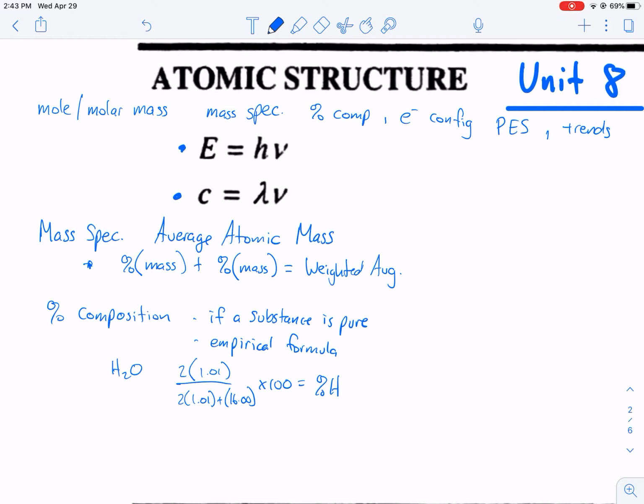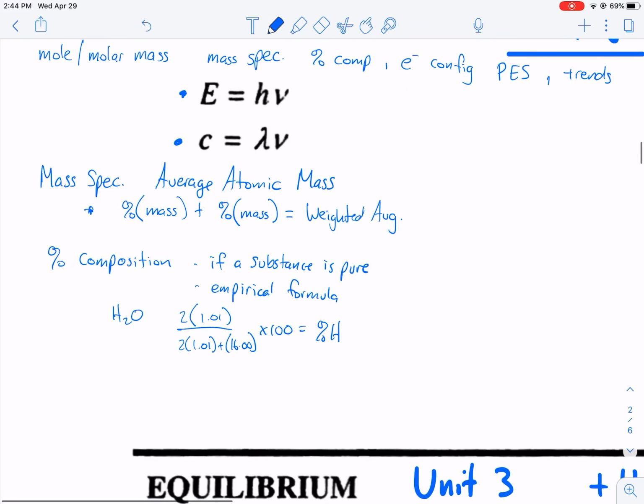So if you are trying to figure out if a substance is pure or not, you would take a sample of that substance and say, hey, experimentally, what is the percent hydrogen in this? And if the percent hydrogen did not match the theoretical percent hydrogen from our math here, you know that there must be something else in there that's messing it up. If you have a bunch of different percentages, if you know the percent of each individual compound, remember that you could solve for the empirical formula.